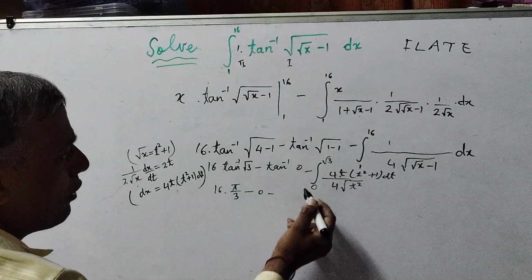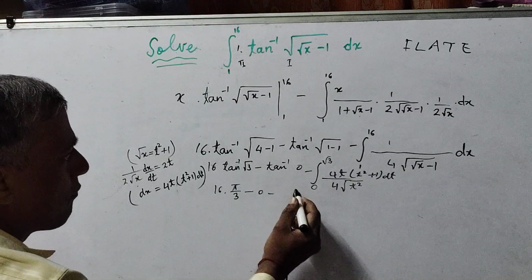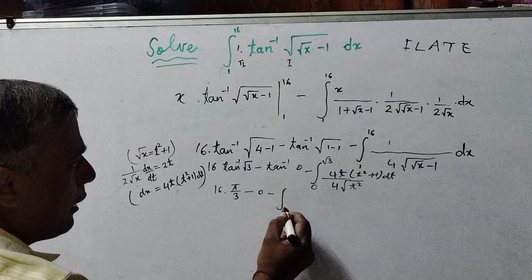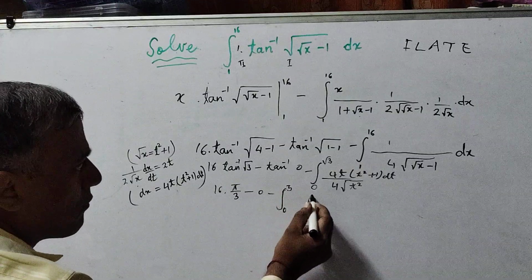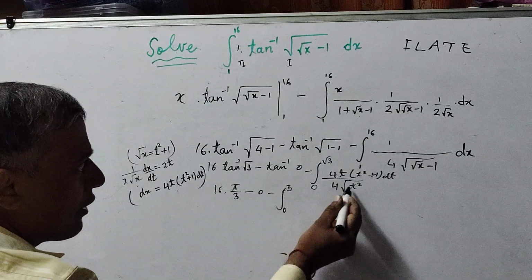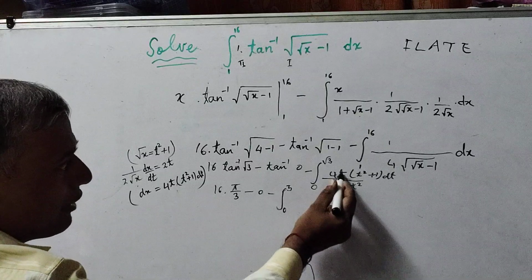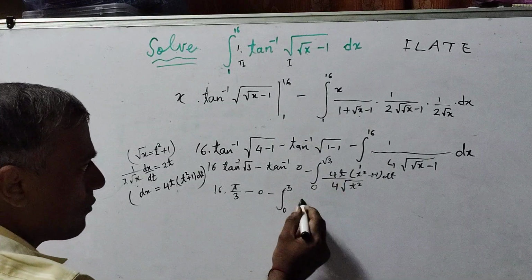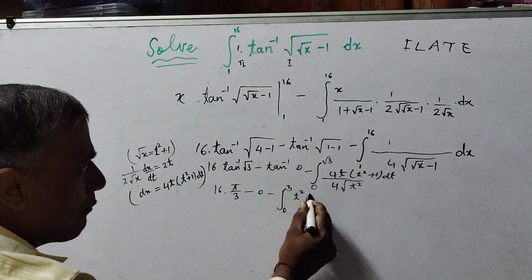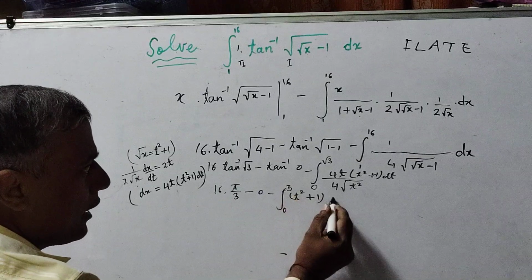So we need to solve this integration from 0 to square root 3. The 4 cancels, the square root of t square becomes t, so 4t cancels, and left is t square plus 1 dt.